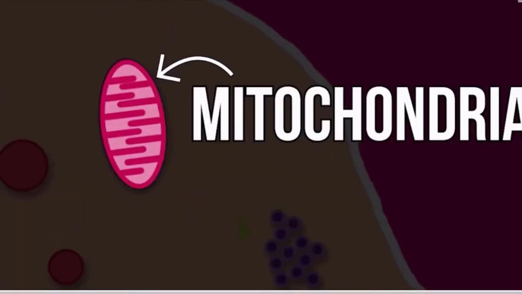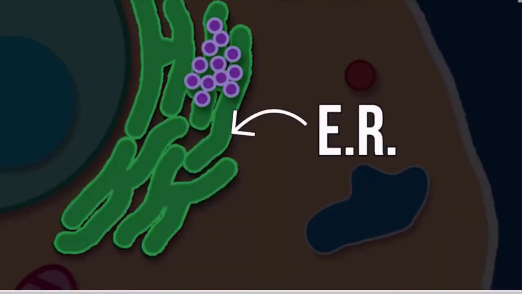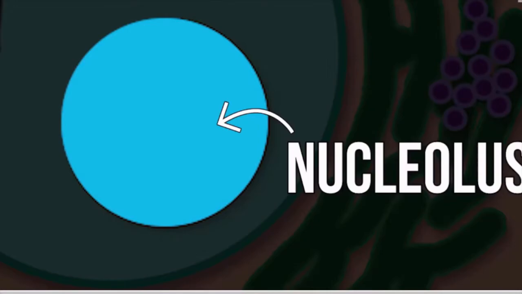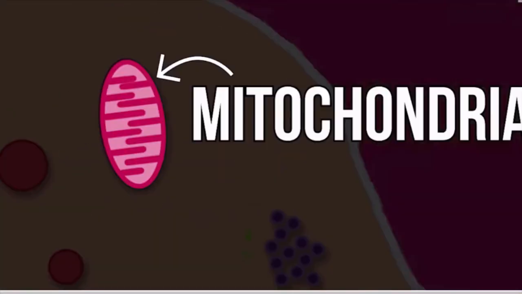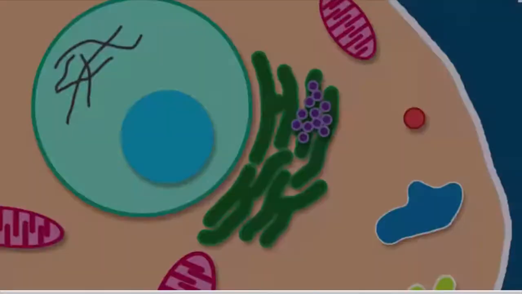Cell membrane, mitochondria, lysosomes, ribosomes, cytoplasm, nucleus, ER and Golgi body, in the nucleolus.